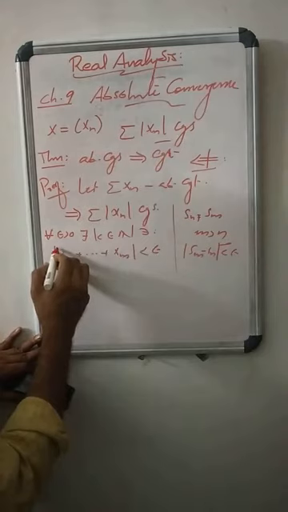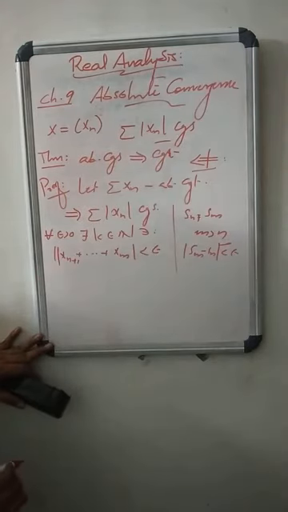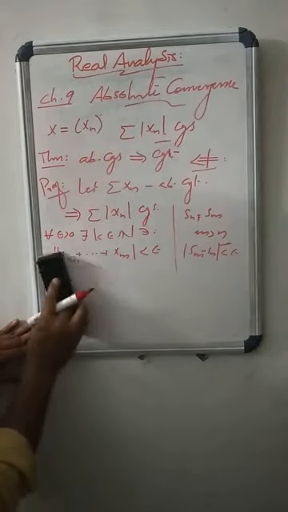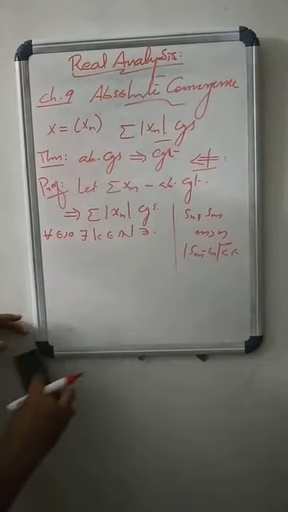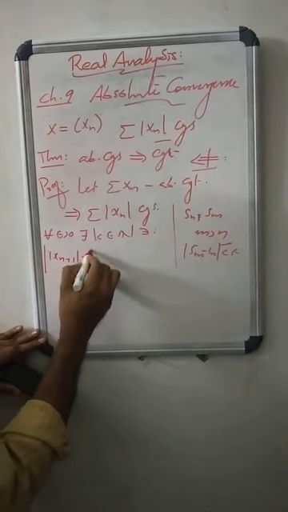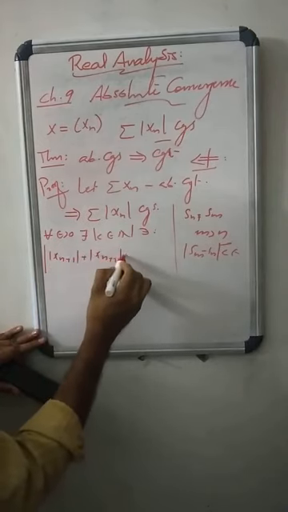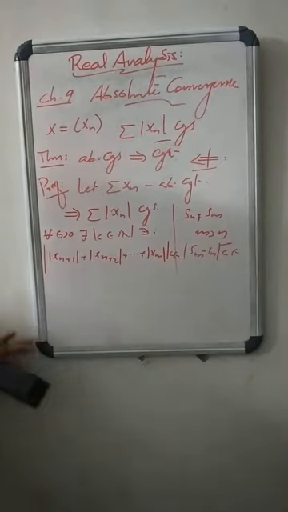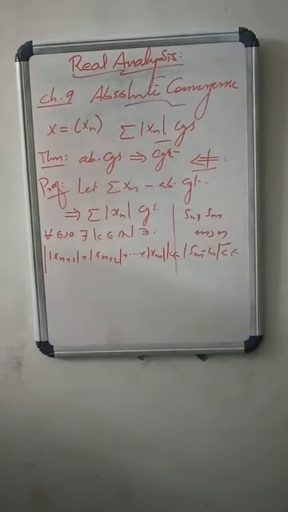That means modulus of (x_{n+1} plus etc. plus xm) is strictly less than epsilon. Since it is a modulus, for more convenience we have the modulus of each term: modulus of x_{n+1} plus modulus of x_{n+2} plus etc. plus modulus of xm is strictly less than epsilon. Clear?